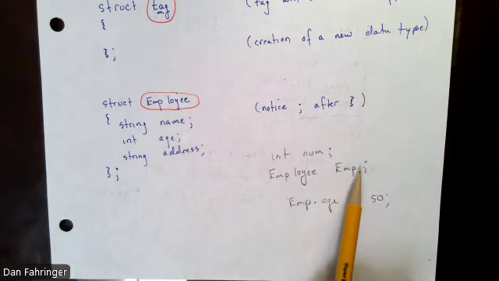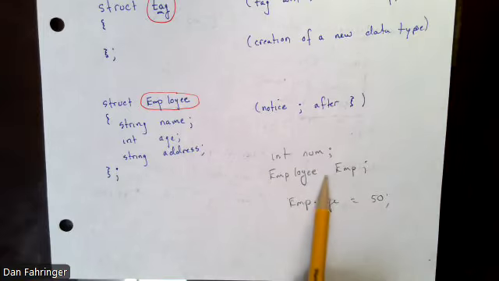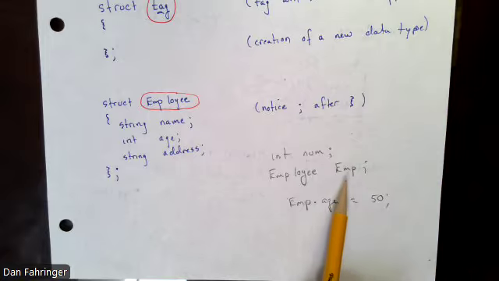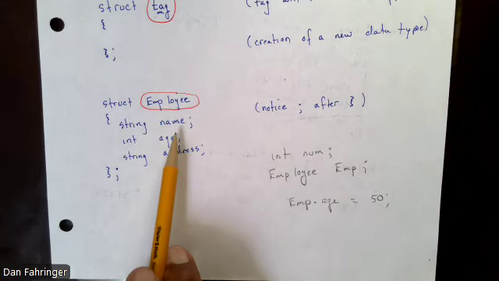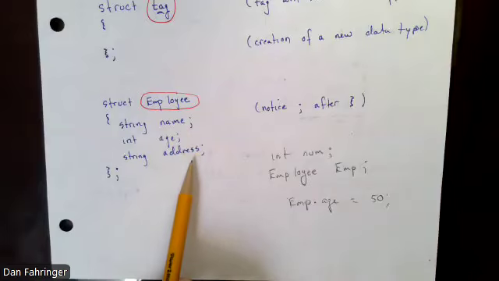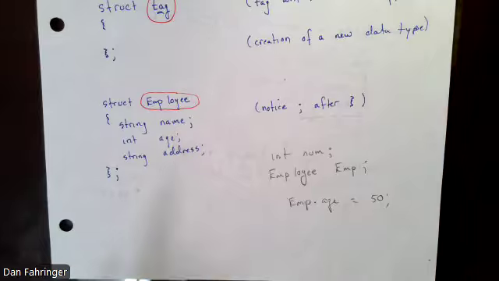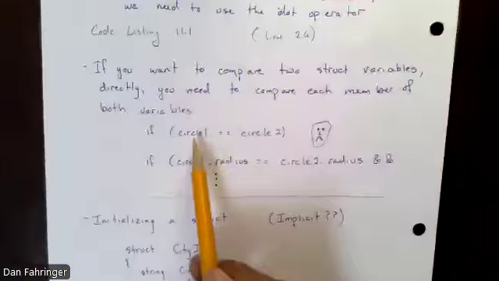I'm working with emp. It's of type employee. I'm working with one of its members. Once I declare it, I can add. So this is where it's different than old school arrays. Arrays were homogeneous. They were all the same data type. These inside have different data types. Can we compare them? What does this compare?